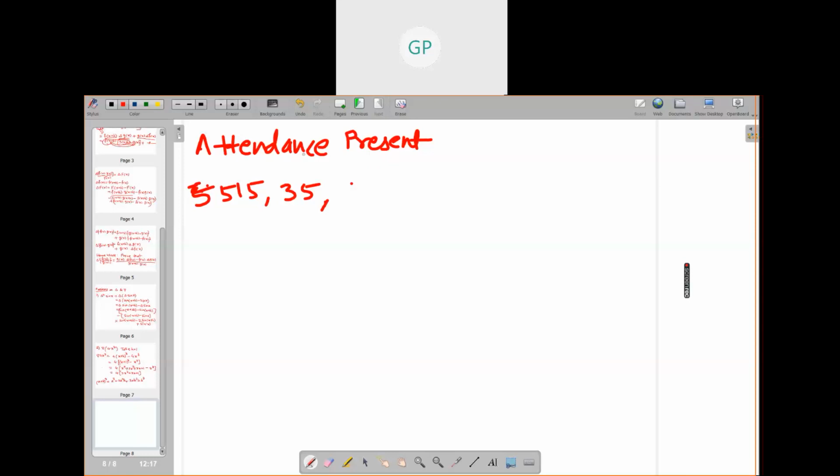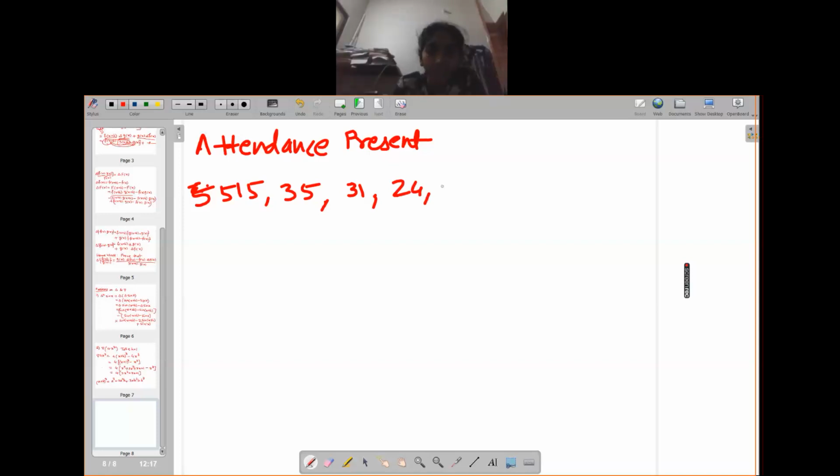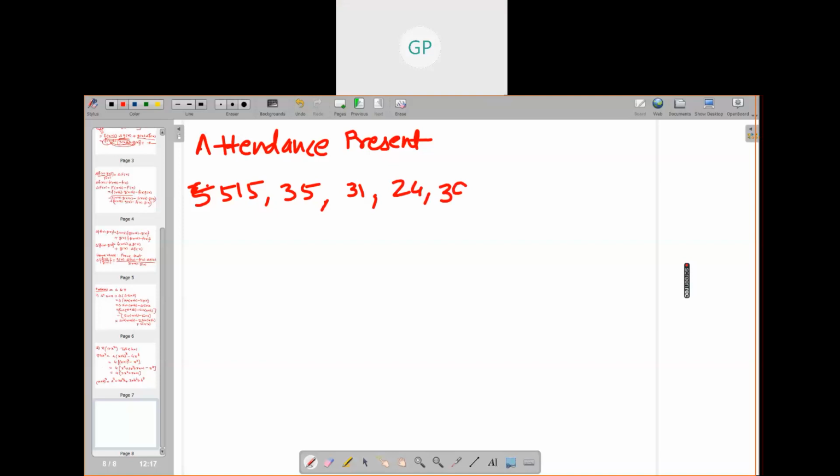Akshada Tupe. 31, ma'am. Anushka Kopala. Ma'am, 24. Avantika. 39.